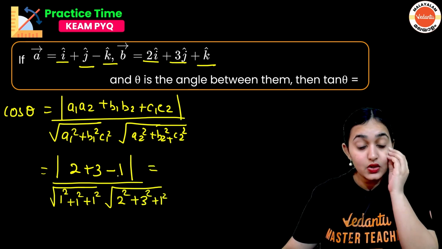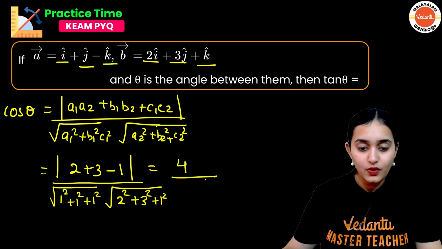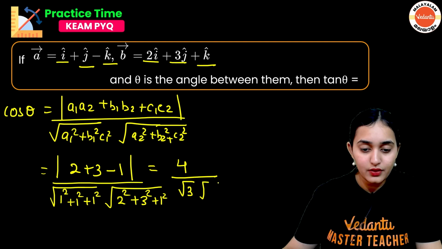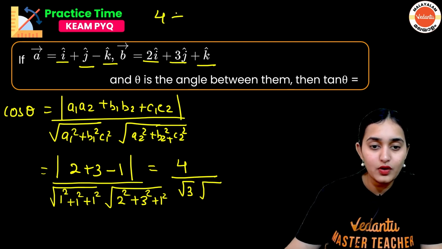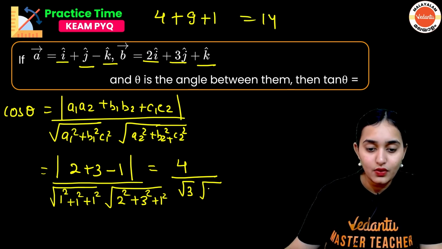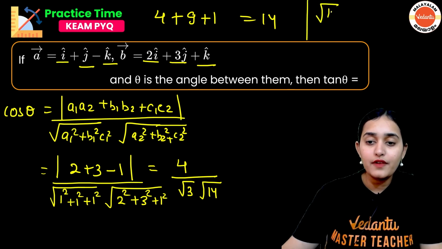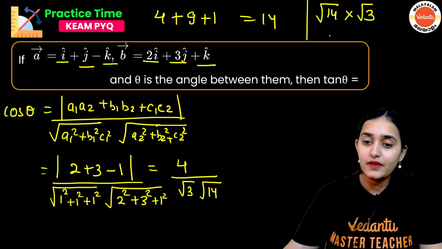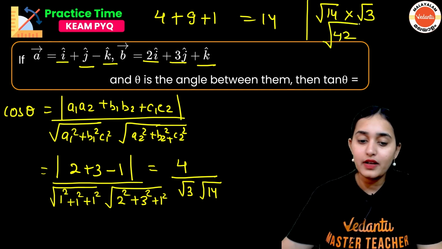So we are getting here 2 plus 3, 5. 5 minus 1, 4. 4 upon root 3 into 2 2s are 4, 3 3s are 9. 4 plus 9 plus 1 is 14. So root over 14. Now root over 14 into root over 3 will be root over 42.